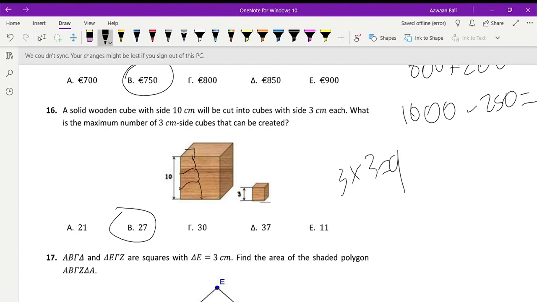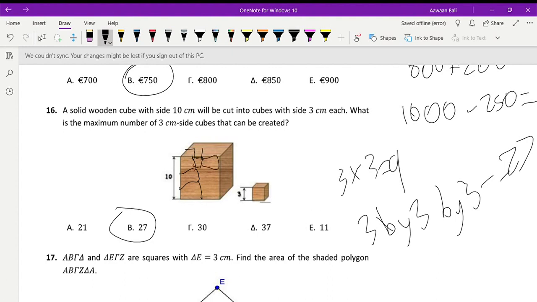And then basically, since cubes have the same dimensions for everything, it's 3 by 3 by 3, which is 27. We can get 27 cubes since you can fit another 3 cubes on this edge, and another 3 cubes on this edge, and it goes on like that.